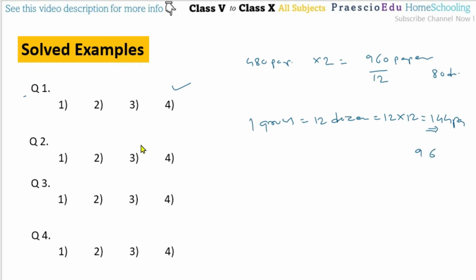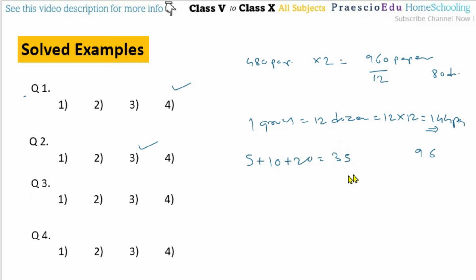And 96 is mentioned in option number 3. Now question number 3, if equal number of notes of rupees 5, 10 and 20 amount to rupees 2450, find the total number of notes of each kind. Total number of notes of each kind we have to find out. So for this one, the equal number of notes are there. So collective amount we will make 5 plus 10 plus 20, it's 35.